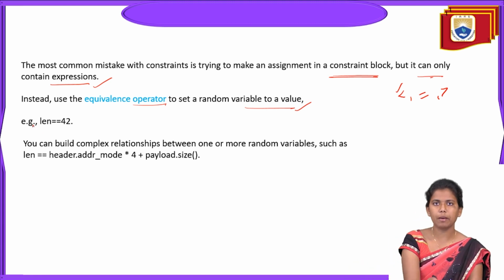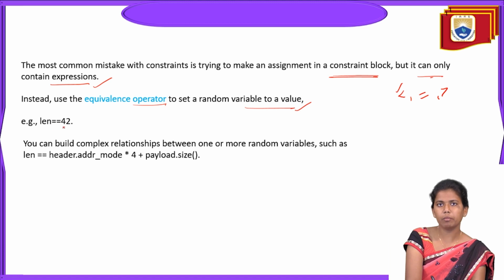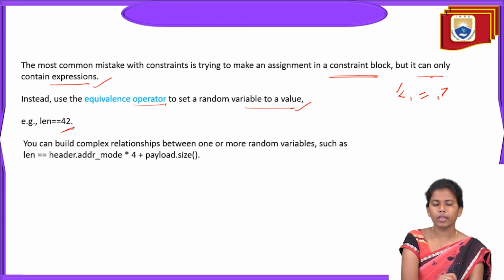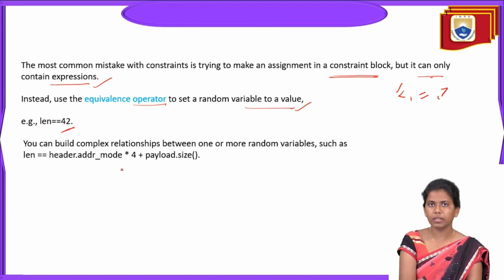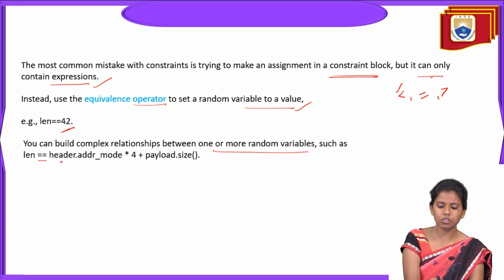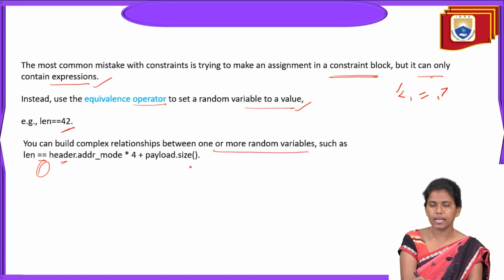So here in the example, we see len double equals 42. Okay, so you can build complex relationships between one or more random variables, like len double equals header dot addr underscore mode into 4 plus payload dot size, with the braces.